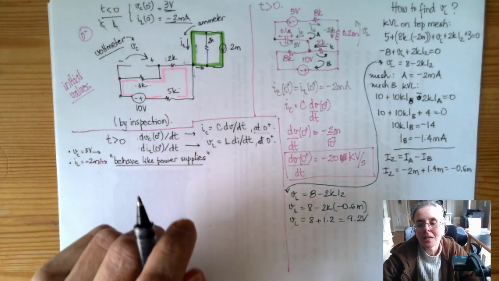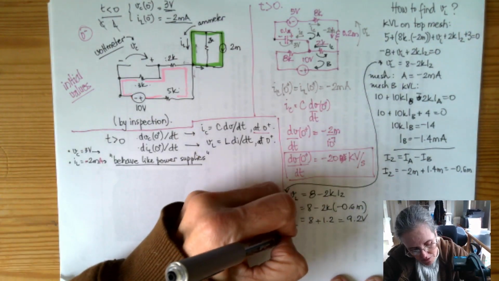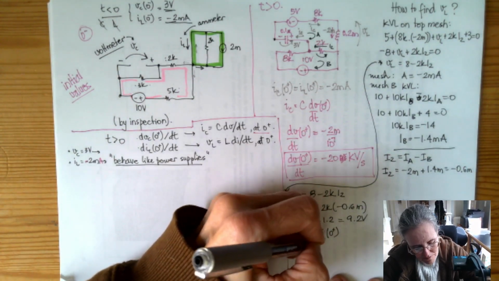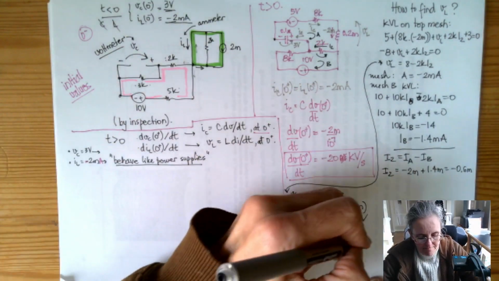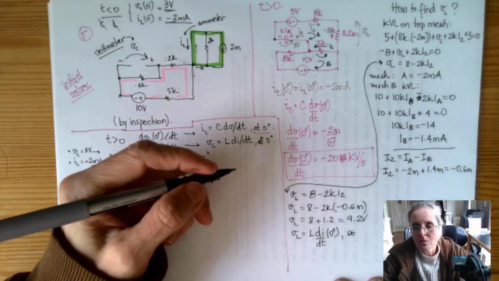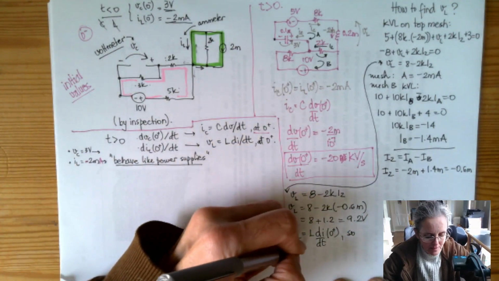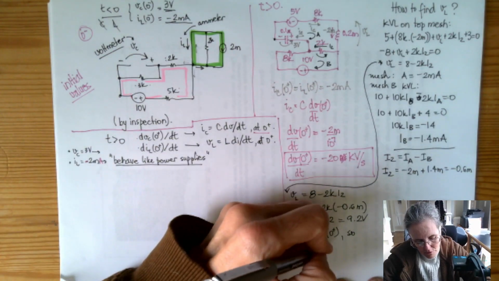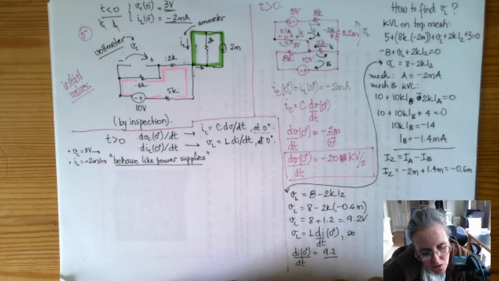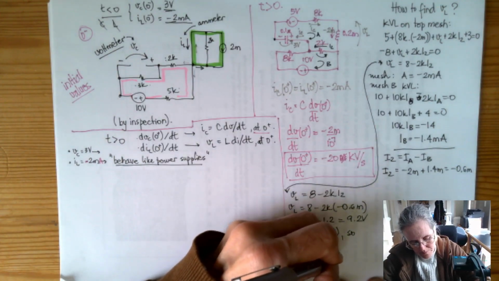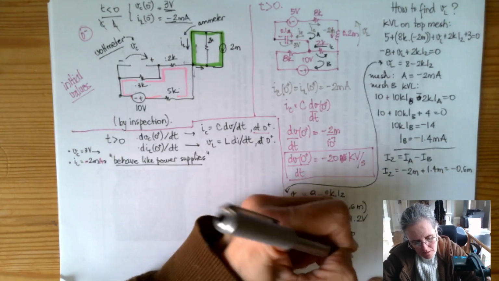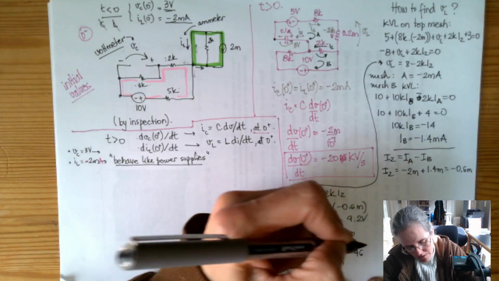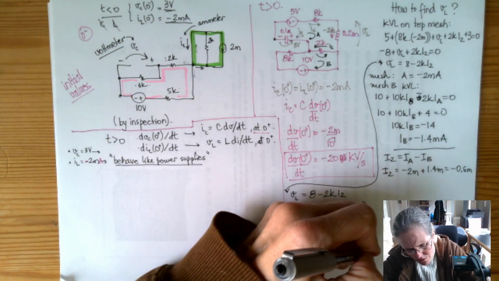That's my VL. The whole point of finding VL is that we can now use VL equals L di/dt at 0 plus. So di/dt at 0 plus will be 9.2 divided by 0.2 milli, which is 46 kiloamps per second.